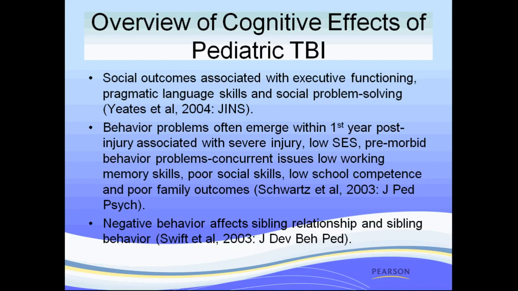So you have a combination of factors here. Again, kids who had difficulties to begin with are more likely to have problems later. Kids who, after their injury, are having problems with their social skills or with their memory skills or with their school competence, those kids are going to be at risk for problems long term.